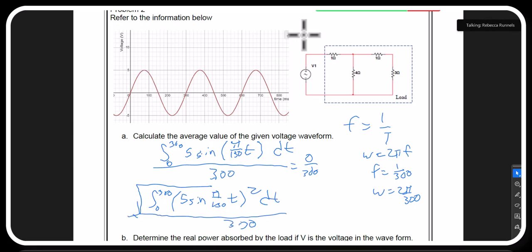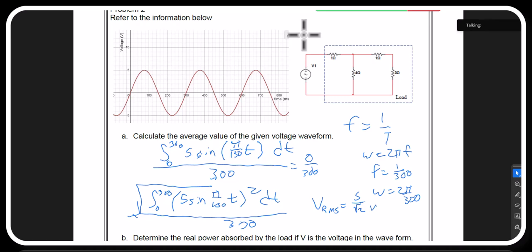But there's a much easier way because this is a sinusoid. The root mean square of any sinusoid is the amplitude divided by the square root of 2. So if we did this integral, we would get VRMS is 5 over the square root of 2 volts.